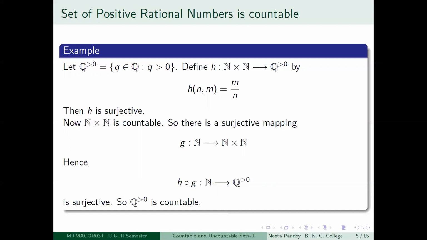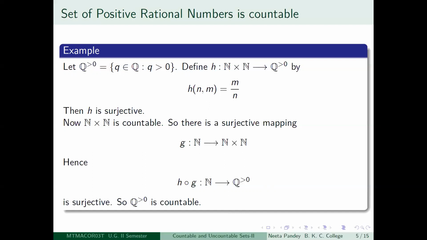Even then, you can show that there is a 1-1 correspondence between the set of rational numbers and the set of positive integers. So things do become quite counterintuitive when you are looking at infinite or infinity in mathematics. So this is one example of that.